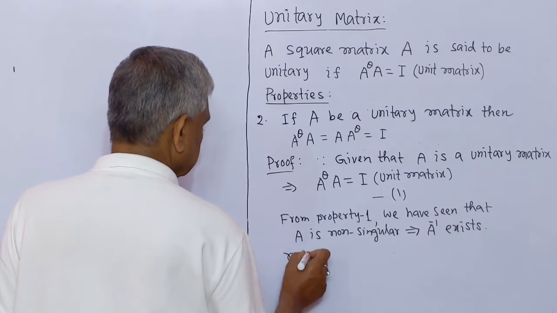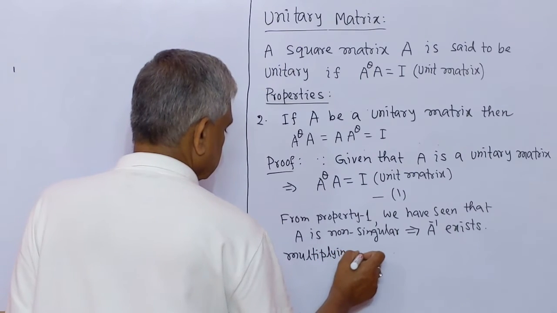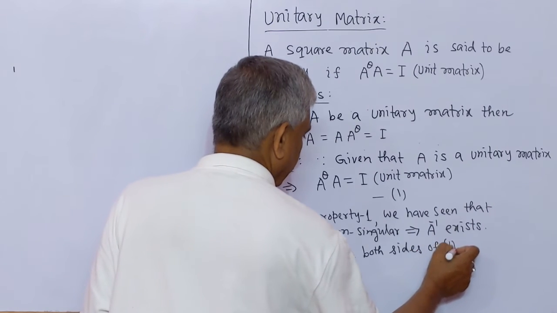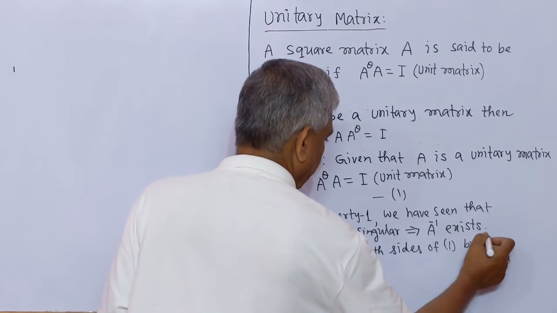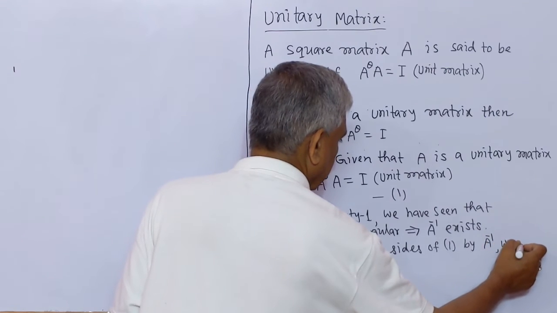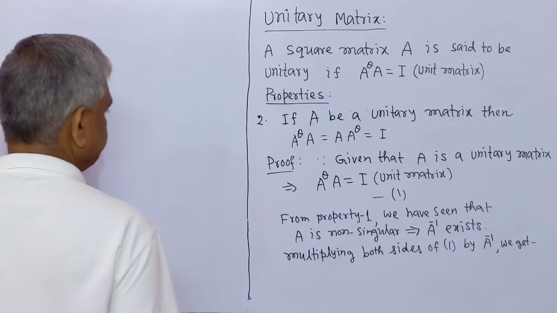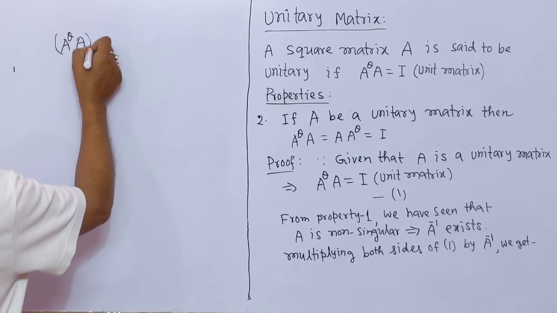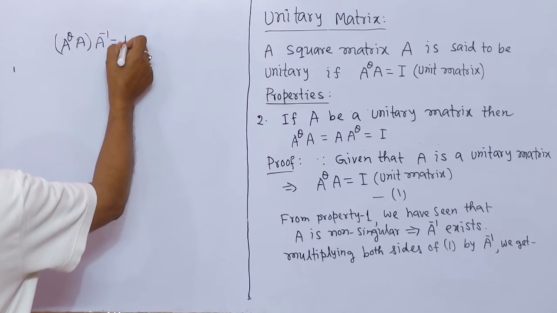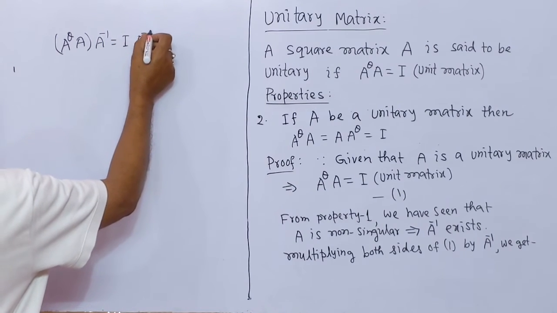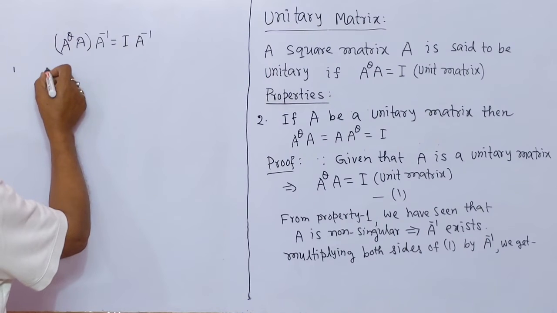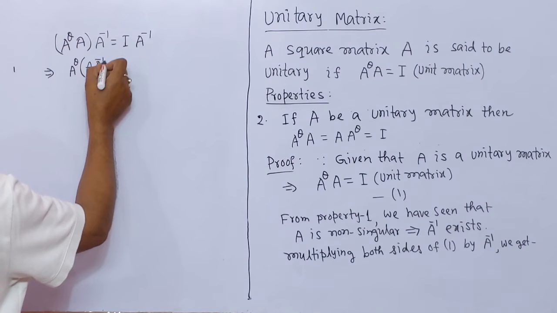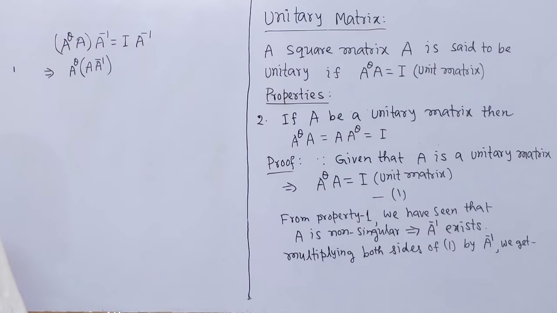Multiplying both sides of 1 by A inverse, we get A theta multiply A inverse equals I multiply A inverse, implies that A theta multiply A inverse, associative property of matrix multiplication.